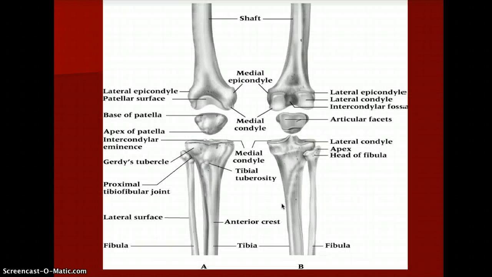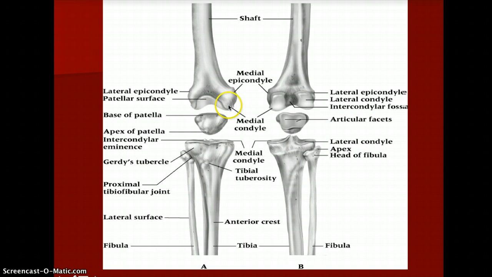And here are some of the major landmarks. Some of the things to note are the tibial tuberosity, the medial and lateral epicondyles, which can be found here. That would be the lateral epicondyle and medial epicondyle. And then also the lateral and medial condyles, which you can see here.